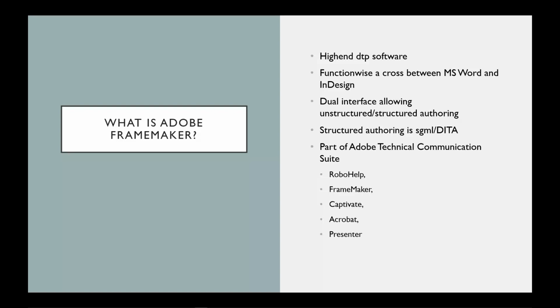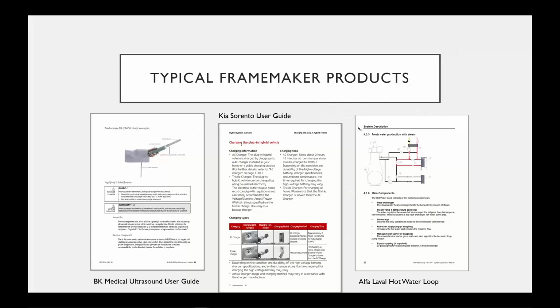FrameMaker is part of the Adobe Technical Communication Suite, which also holds Adobe RoboHelp, Captivate, Acrobat, and Adobe Presenter. These are some typical FrameMaker products. These are industrial products. We can see there's a BK Medical ultrasound user guide. There's a Kia Sorento user guide for a small car.